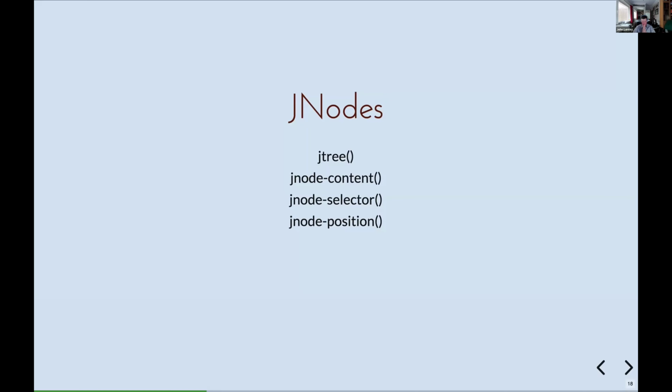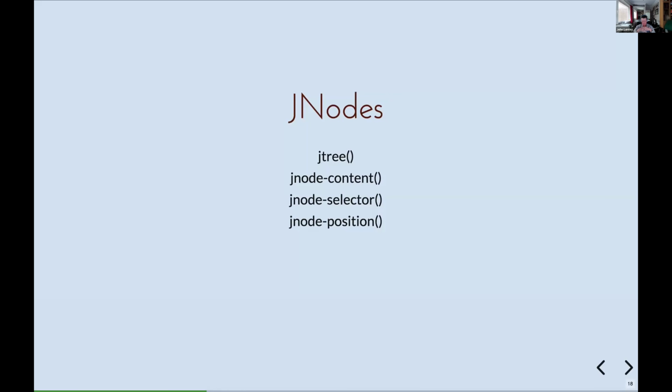To get to a JNode's content, you will have to call this function, JNode content. So this is important to remember. That's very different from, or you could maybe compare it to, /text or /string or /data. It would also be interesting to see if we could generalize it to /data, but it's not for today. I'm currently explaining the status quo.